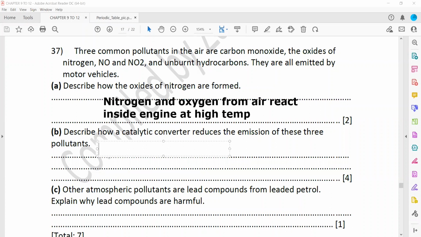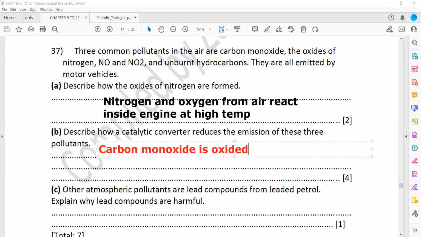So the points, the 4 marks: number 1, the carbon monoxide is oxidized to carbon dioxide. That is one thing.